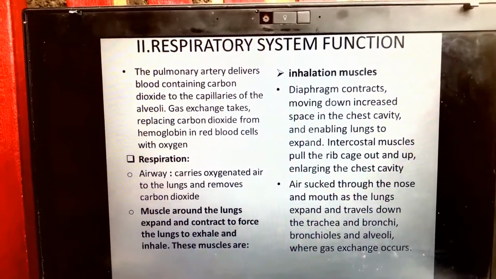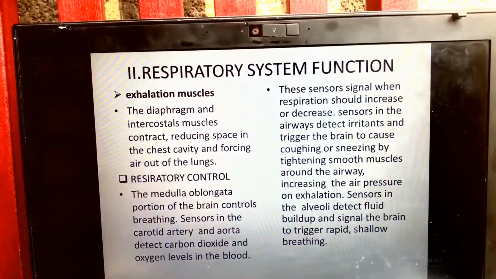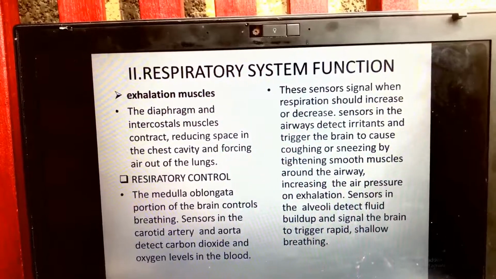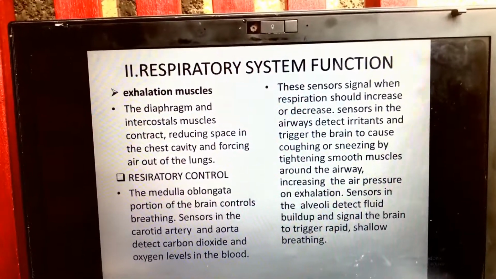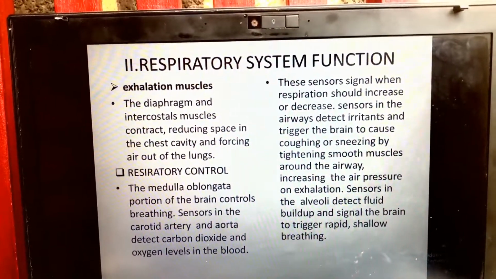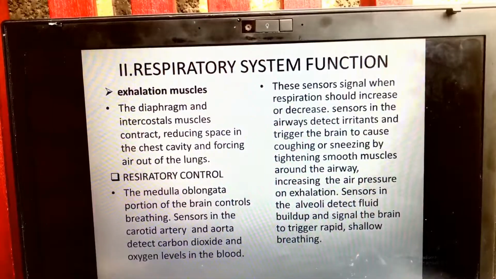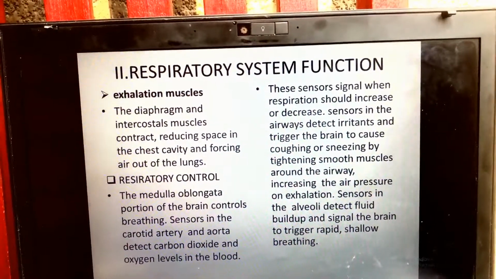This is the inhalation mechanism. But contrary, in exhalation, those muscles, diaphragm and intercostal, will not increase the cavity, but we reduce the space in the chest cavity.